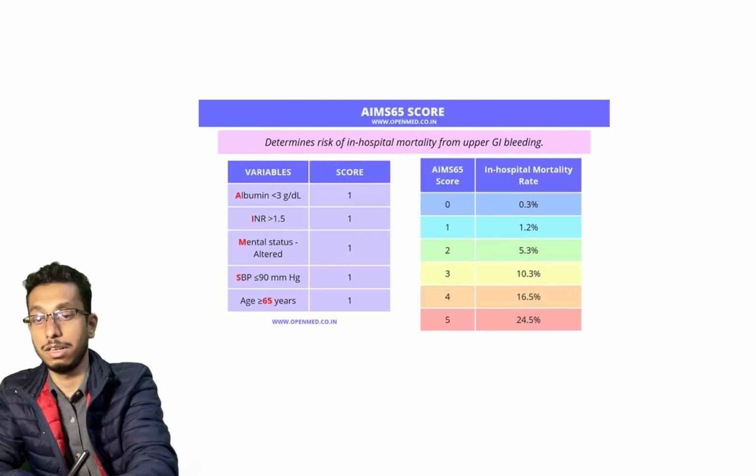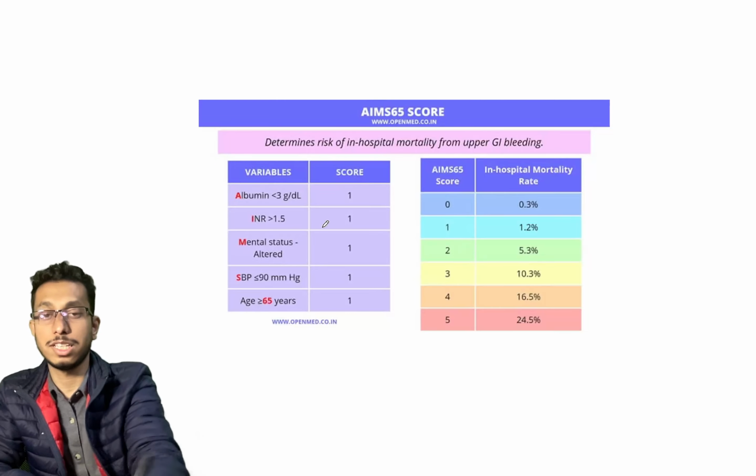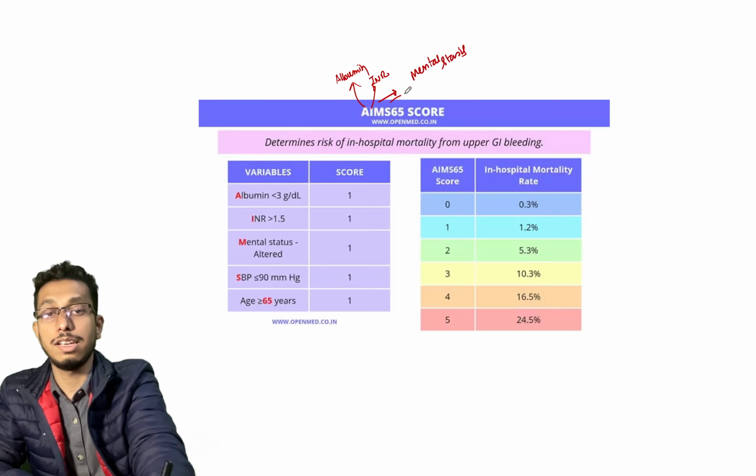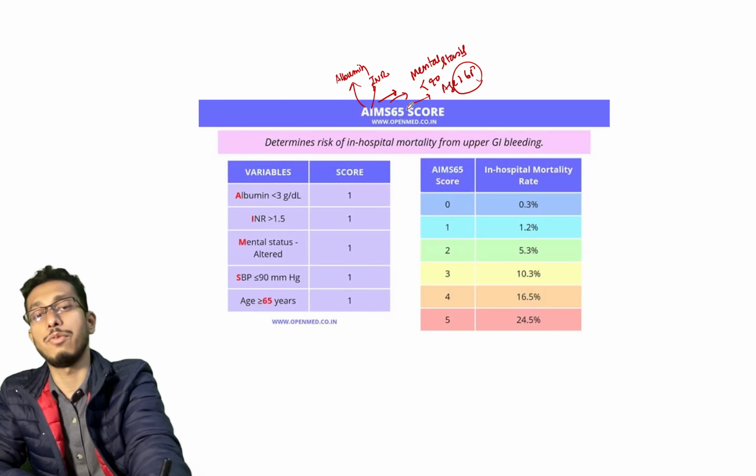Now, this is a prognostic scoring known as the AIMS65 score, which determines the risk of in-hospital mortality from upper GI bleed. So, what are the parameters in the AIMS65 score? A for albumin, I for INR, M for mental status, S for systolic blood pressure less than 90, and A for age more than 65. Each has 1 point.